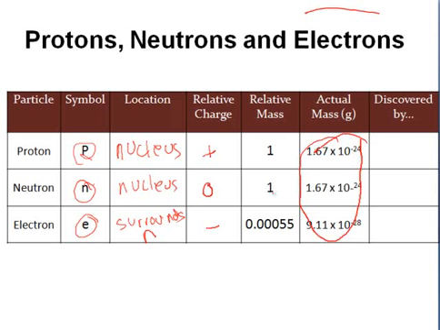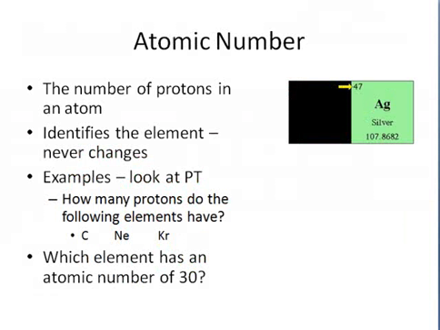So protons and neutrons have the same mass, but the electron's mass would be very, very tiny in comparison. Okay? So almost 2,000 times less massive than the proton and neutron.